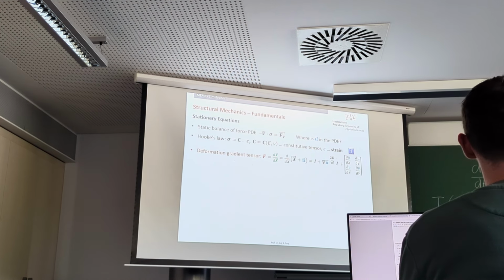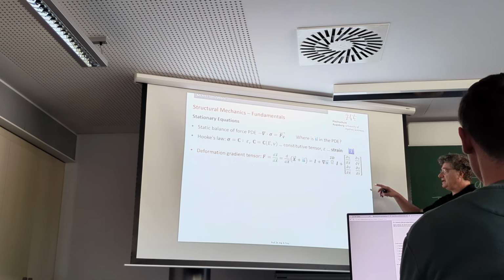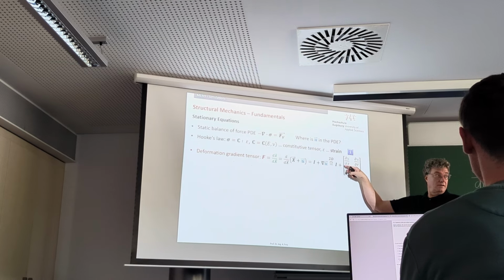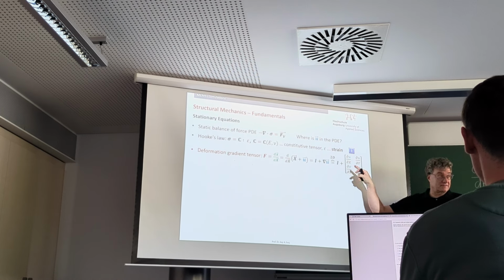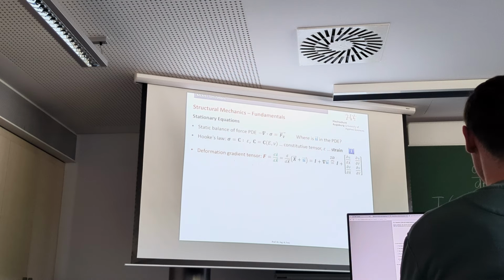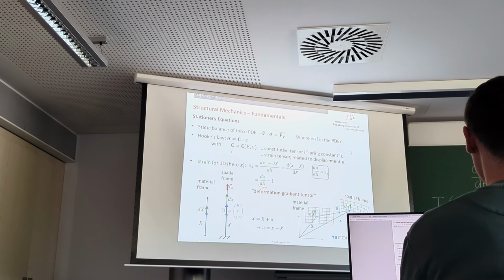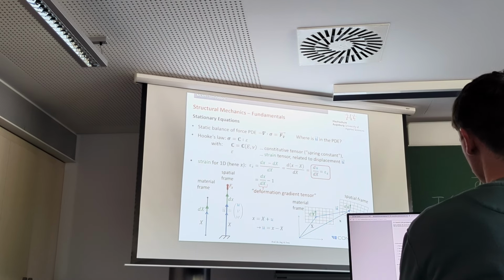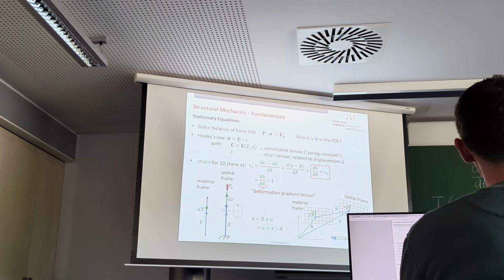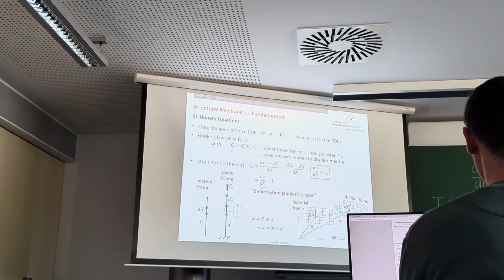There is a relation to something I tried to give you a feeling for with the 1D example. You see this here, du over dx. That was exactly the form which we got in our 1D example for the strain in the x component. Just note, it looks the same.